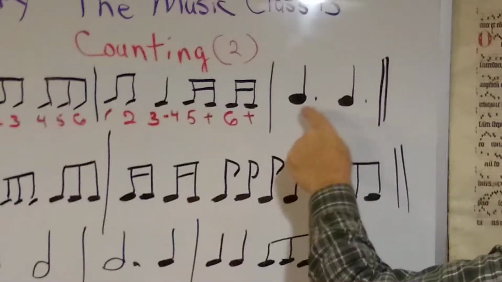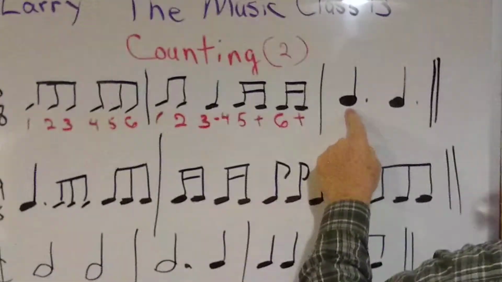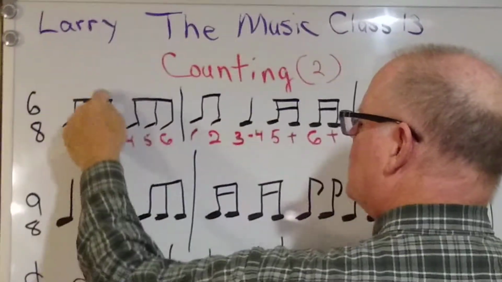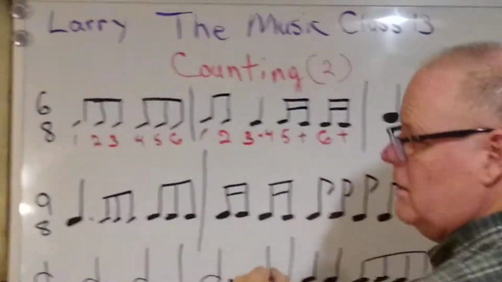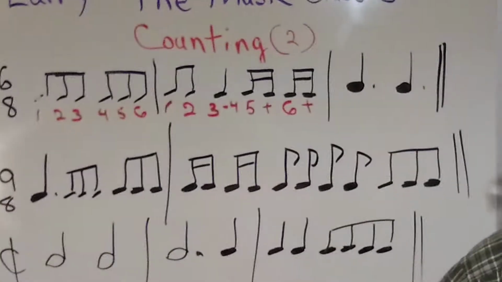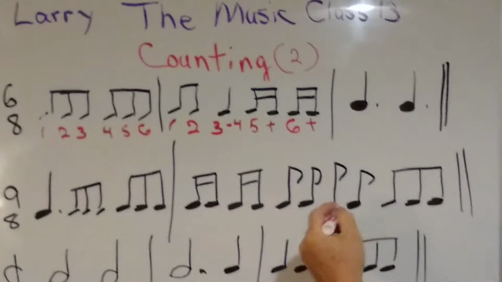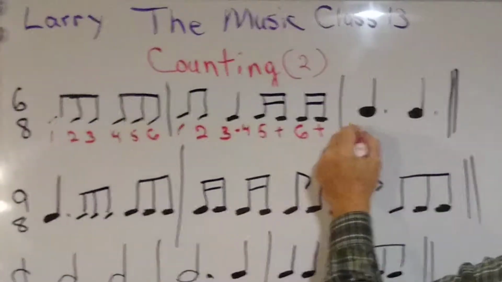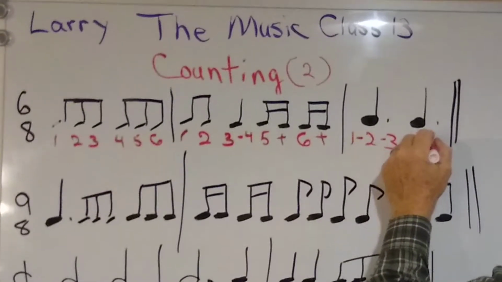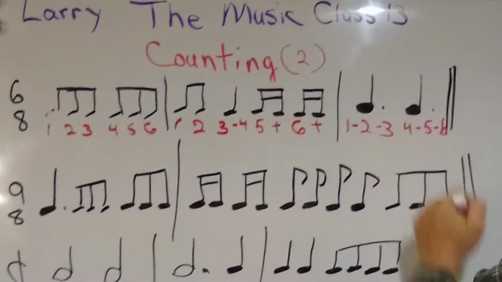And look at this, how interesting this is. A dotted quarter note, 3 eighth notes. Look at that. These 3 eighth notes right here, even though they're barred together, that's the same value as a dotted quarter note. So I would count this one like this. 1-2-3, 4-5-6.